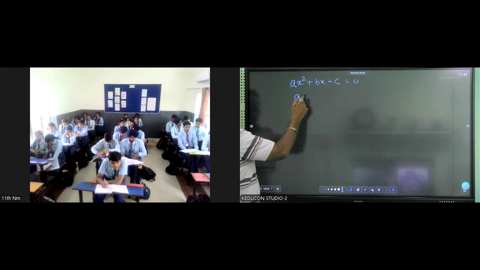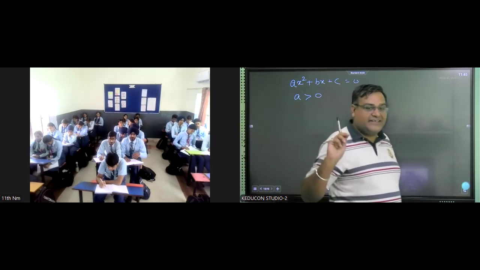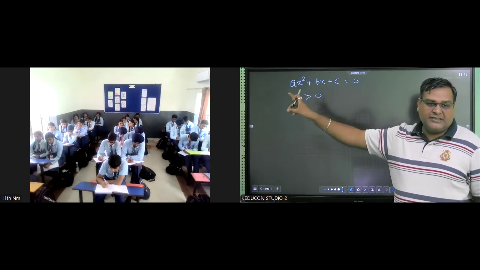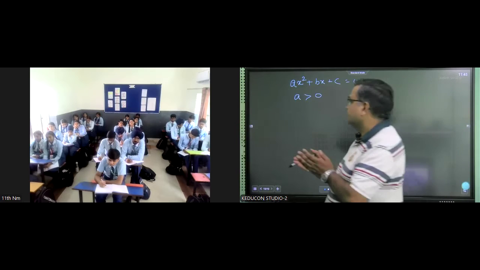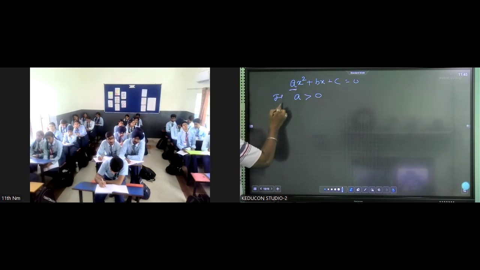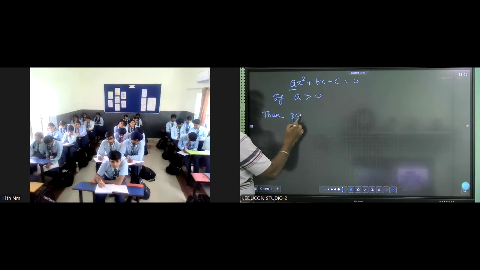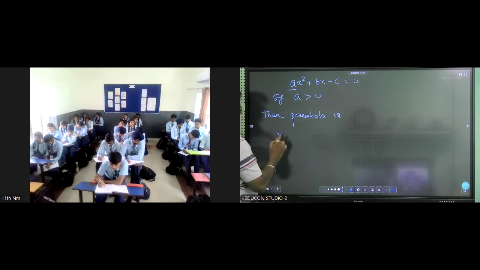If a is greater than 0, मतलब अगर आपके पास x square का कोफिशिएंट पॉजिटिव है तो ग्राफ विल ऑलवेज ओपन अपवर्ड, राइट? If a is greater than 0, then parabola is upward opening.